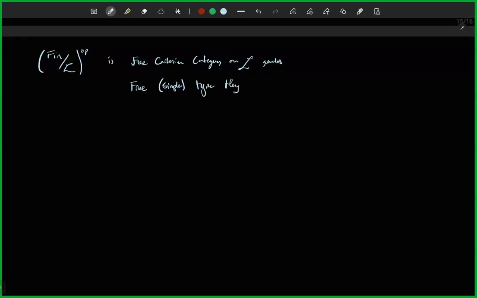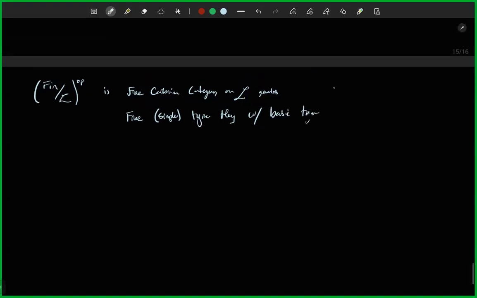So N or L is the free Cartesian category on L generators. This means it is essentially the free simple type theory with basic types L and L.